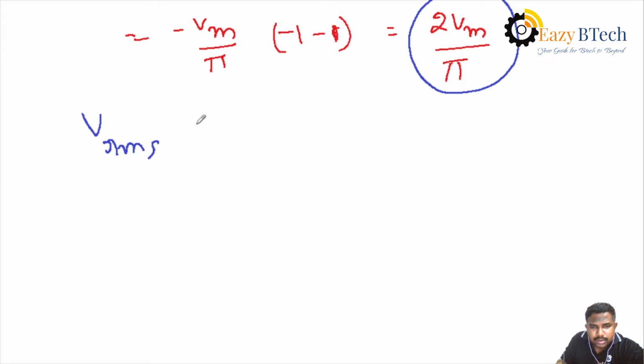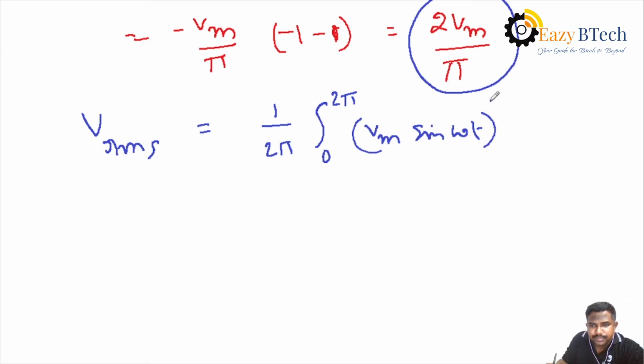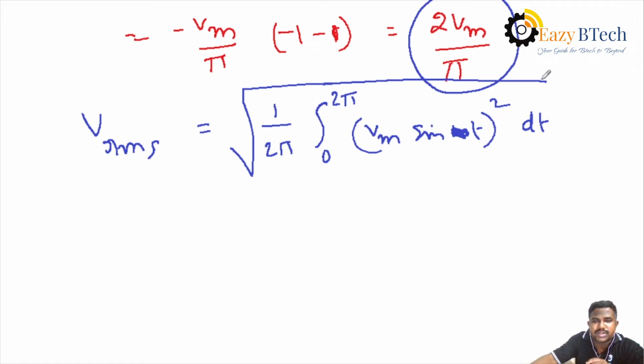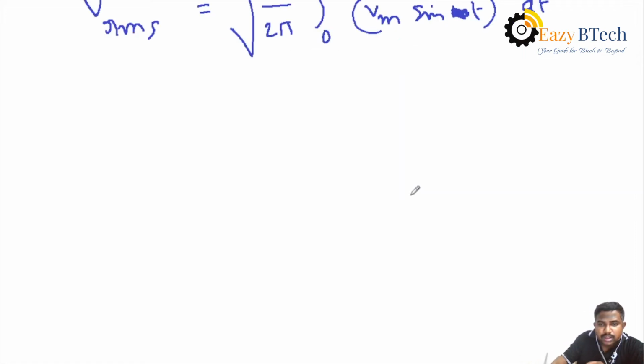So for the RMS value, the time period is 2 pi: 1/2 pi, integral 0 to 2 pi, of f(t) squared, that is Vm sin omega t, whole squared, dt. The x-axis variable is t. Then the whole function is under a square root. This is the formula applied to the sine function.